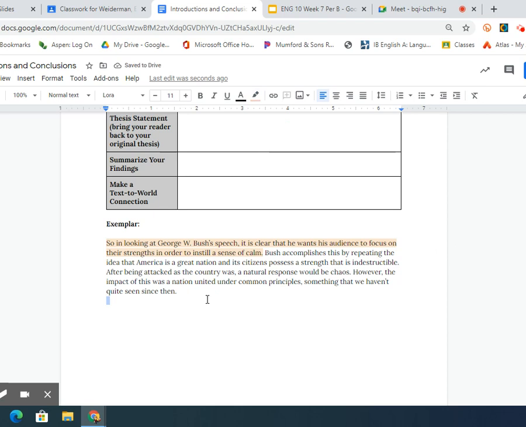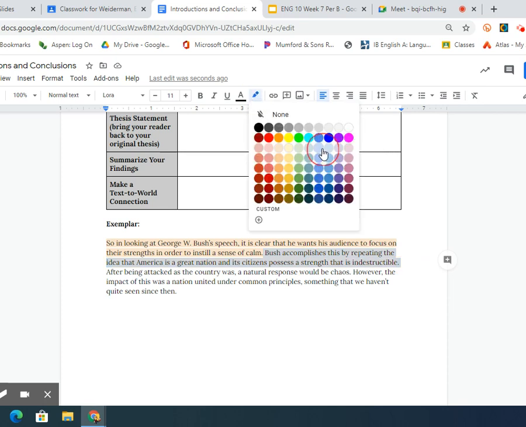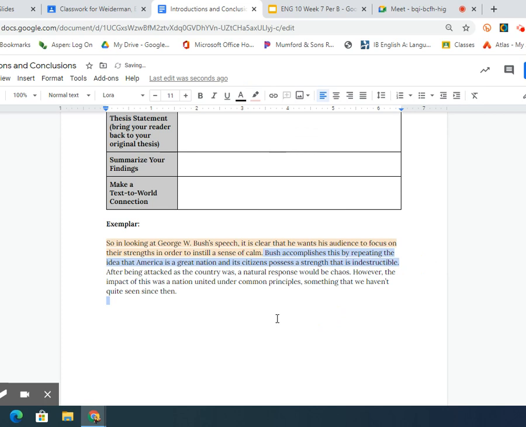Bush accomplishes this by repeating the idea that America is a great nation and its citizens possess a strength that is indestructible. After being attacked as the country was, a natural response would be chaos. All right, so here I summarize my findings. That's a summary of what I saw in the text.